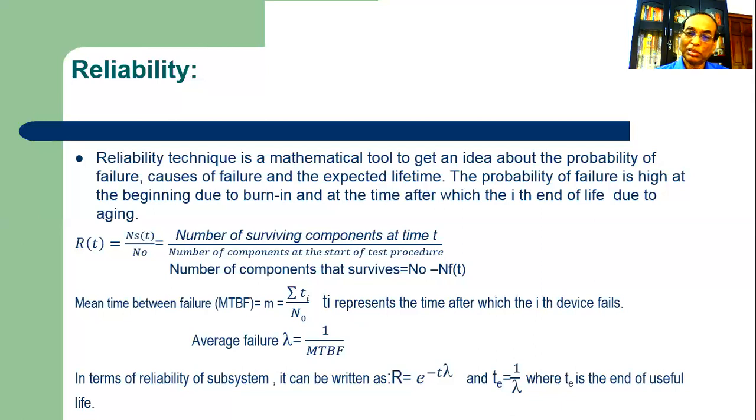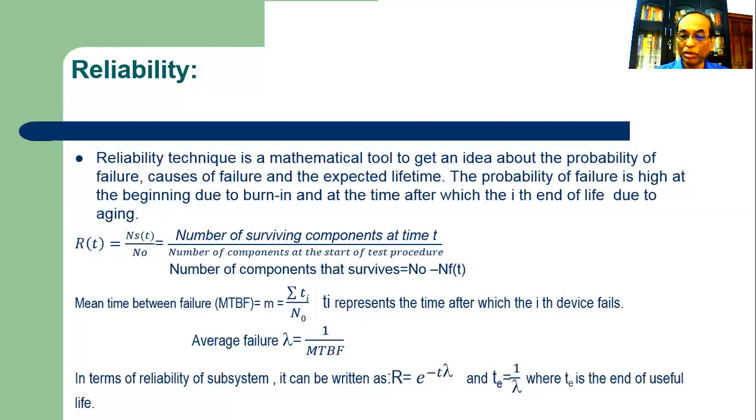So that is reciprocal to the average failure rate. So mean time between failure is very much important. That way it can predict when the devices will fail. To judge the reliability of the system, the mean time between failure figure is very much essential.